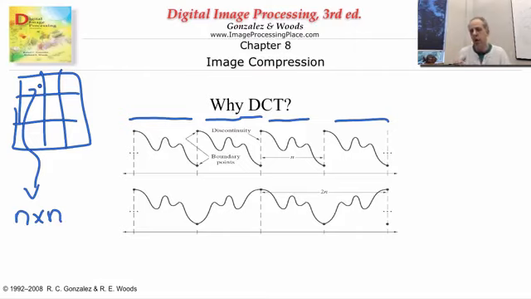One is because for certain types of images, the DCT is the Karhunen-Loeve. The other is because the type of periodicity assumption is much more applicable to images where we started with these n by n or 8x8 blocks. So now we have the DCT.